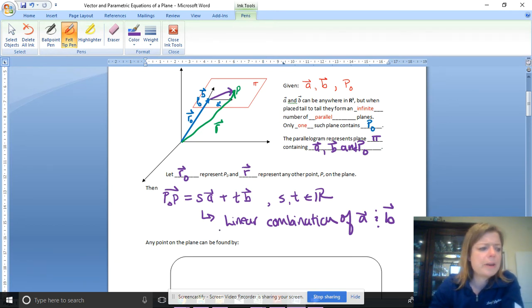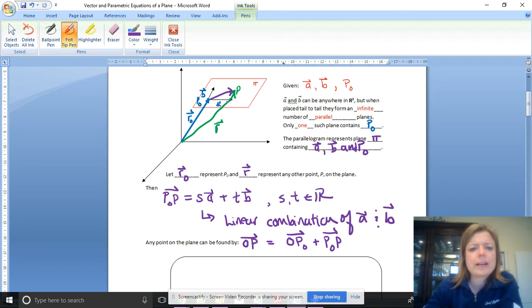So therefore, using the triangle law in this triangle here, RO, POP, and R, we can also say that OP, which means any point on the plane, is equal to OPO plus POP. So any point on the plane R is the addition of the vector represented by the point we know plus the vector from that point we know to any point on the plane.